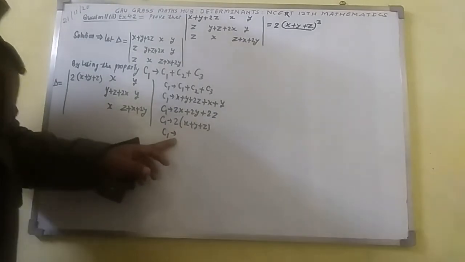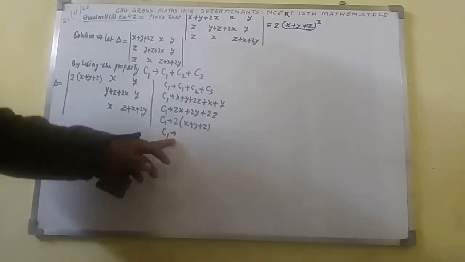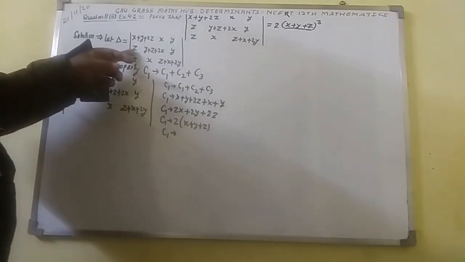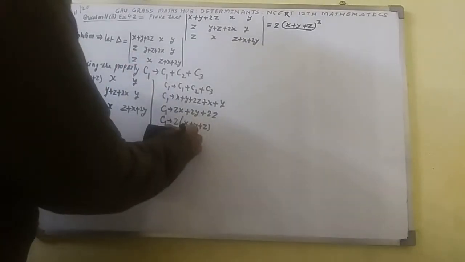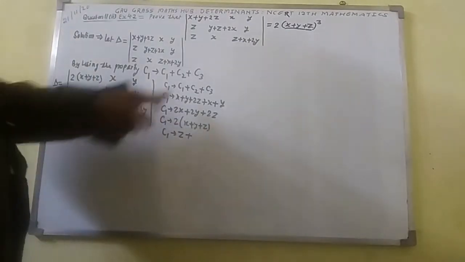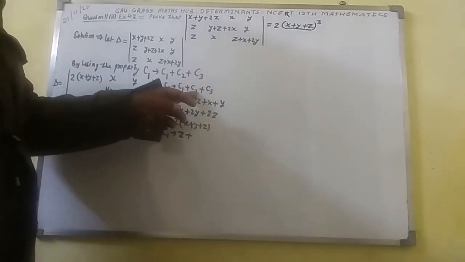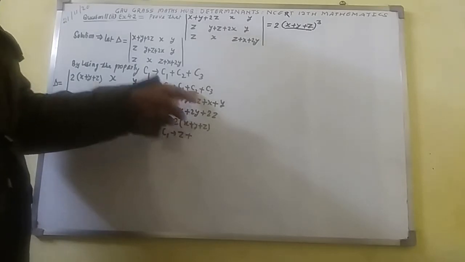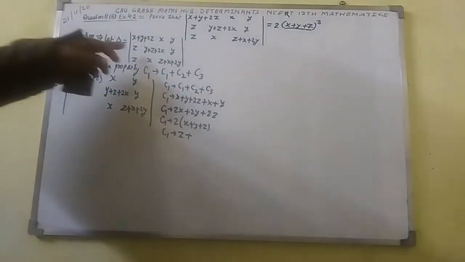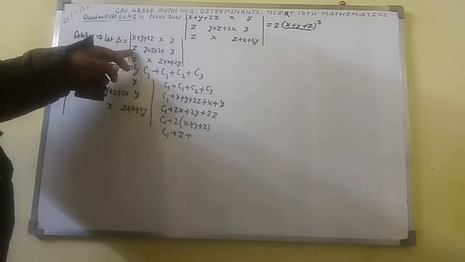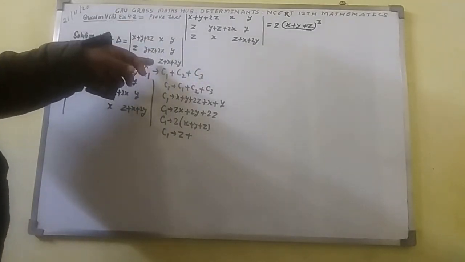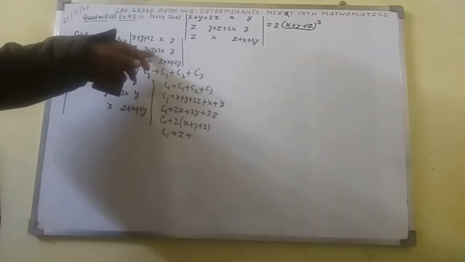If I take the element of C1 as z, so here write z, plus. For C2 I shall refer to the second column. The corresponding element of z in the second column will be y plus z plus 2x.